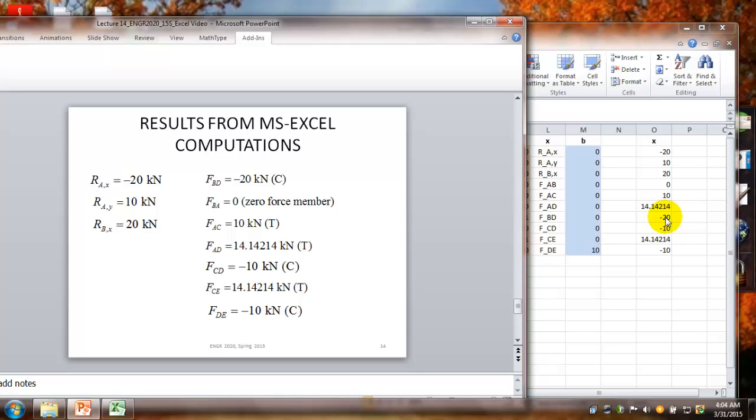F sub BA is a zero force member, so it is 0. F sub AC is 10 kilonewtons, in tension. F sub AD is 14.14214 kilonewtons in tension. F sub CD is negative 10 kilonewtons.